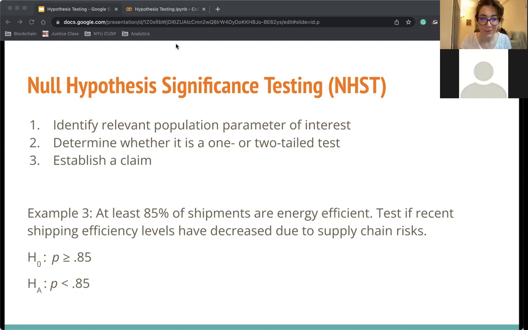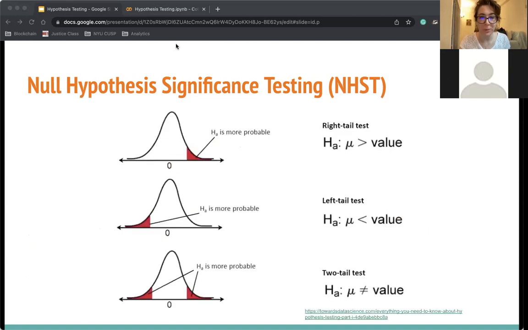No. Okay, perfect. So at this point, I want to review where we're at. We've just walked through our framework of how we set up null hypothesis testing. Depending on the question we're trying to answer, we use these different tailed tests. In that first one, we're using a two-tailed test, saying that the average spending is different than what it usually is because of our new promotional program.